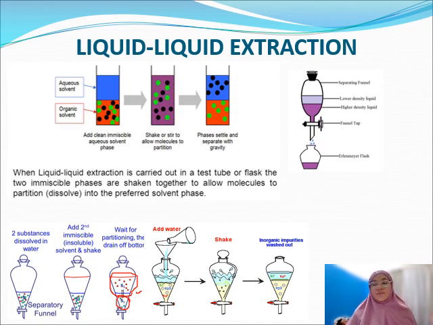Okay. Alright, this is the liquid extraction. Again, this is another example, using an organic solvent here, and this is the aqueous solvent. So this is the organic solvent with hydrophobic samples. You add water and you mix them. After you shake the separatory funnel, you will see the separation of substances.